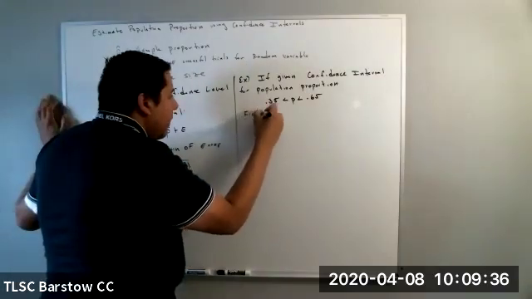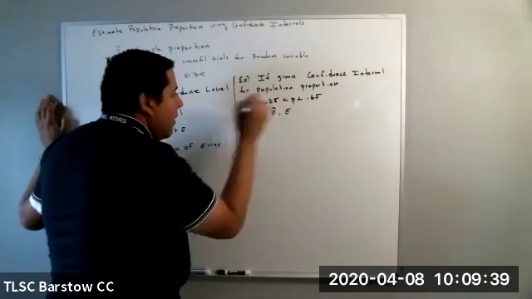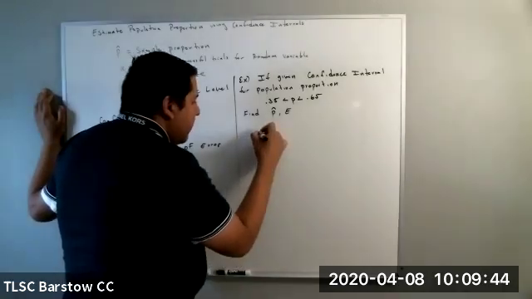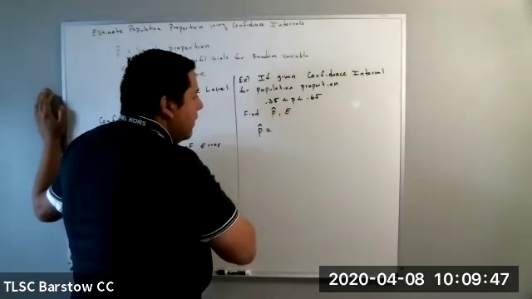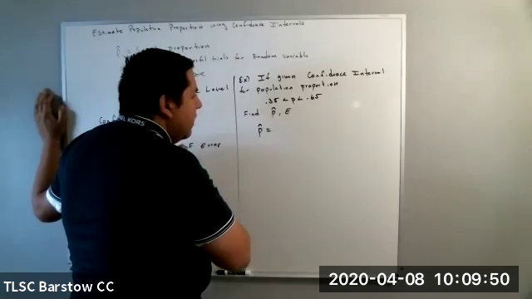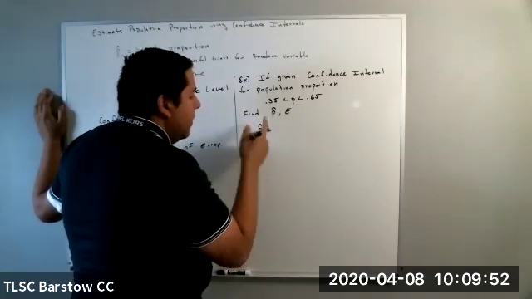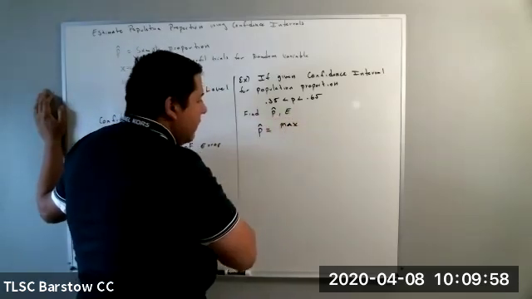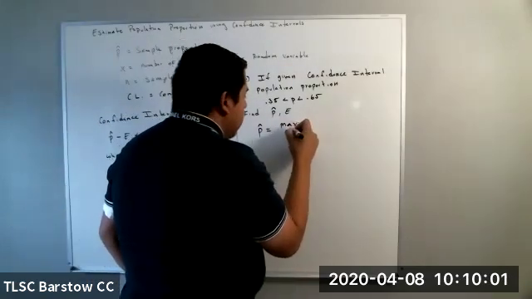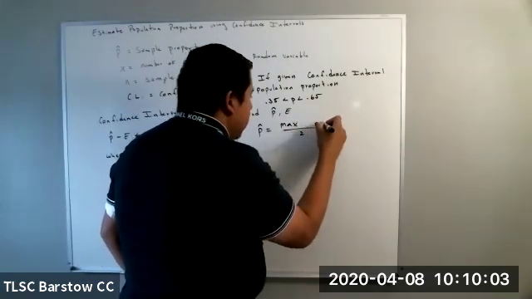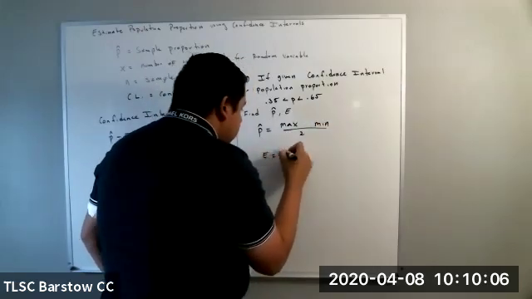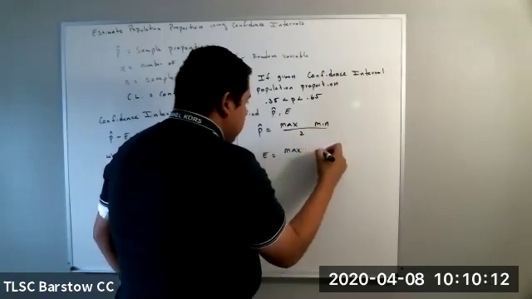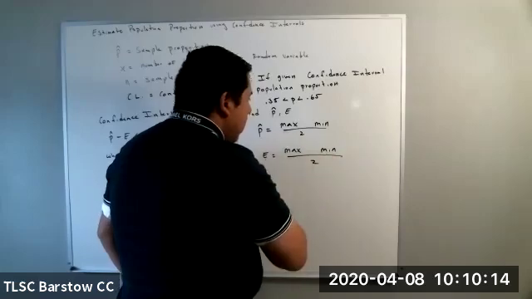Find P hat and E. So essentially what you want to do is P hat is going to be defined as your max over 2, and then your min, and then your error is your max minus min divided by 2.